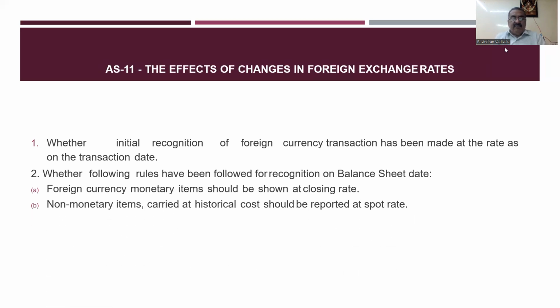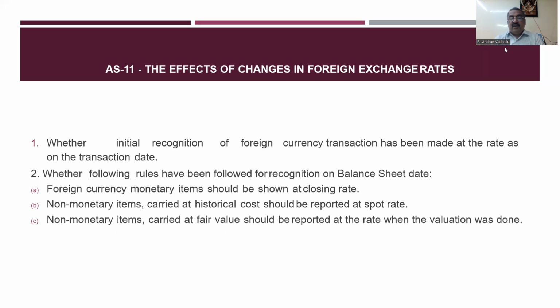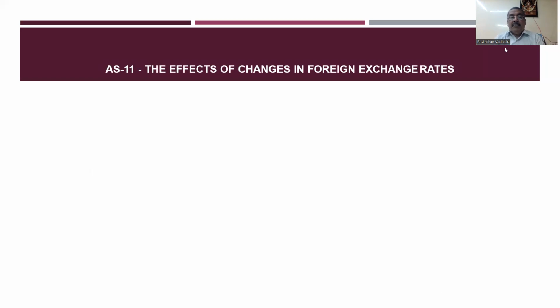Non-monetary items carried at historical cost should be reported at the spot rate. A spot rate means the rate today. If it is around 11:30 that you are finalizing it, that is called a spot rate. So non-monetary items you have to value at historical cost. And non-monetary items carried at fair value should be reported at the rate when the valuation was done.